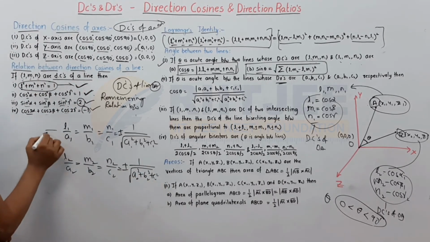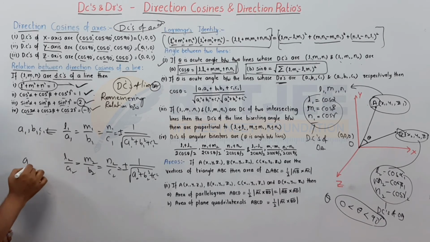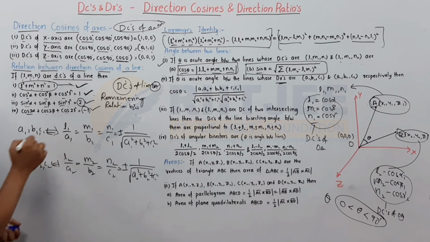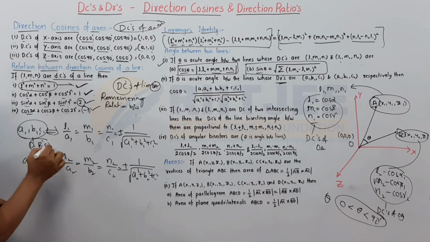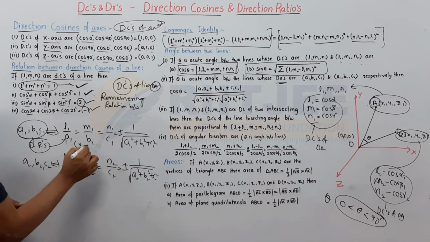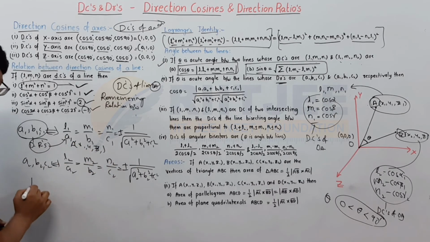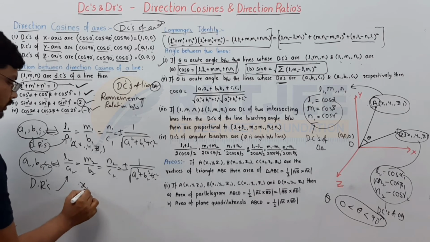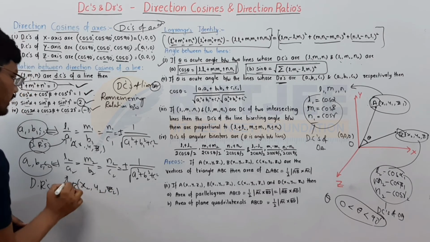Here a1, b1, c1 and a2, b2, c2 are direction ratios DRs for the point x1, y1, z1, point A. These are direction ratios DRs of the point x2, y2, z2. This is point B here.